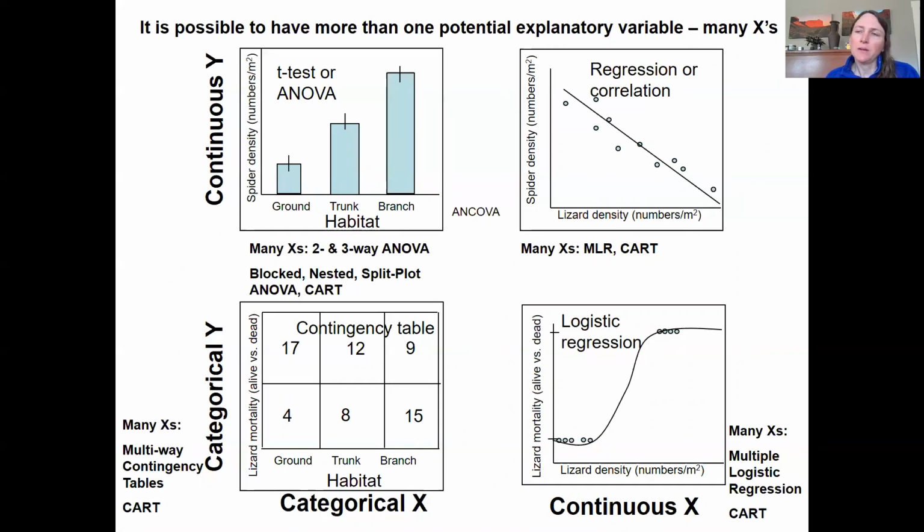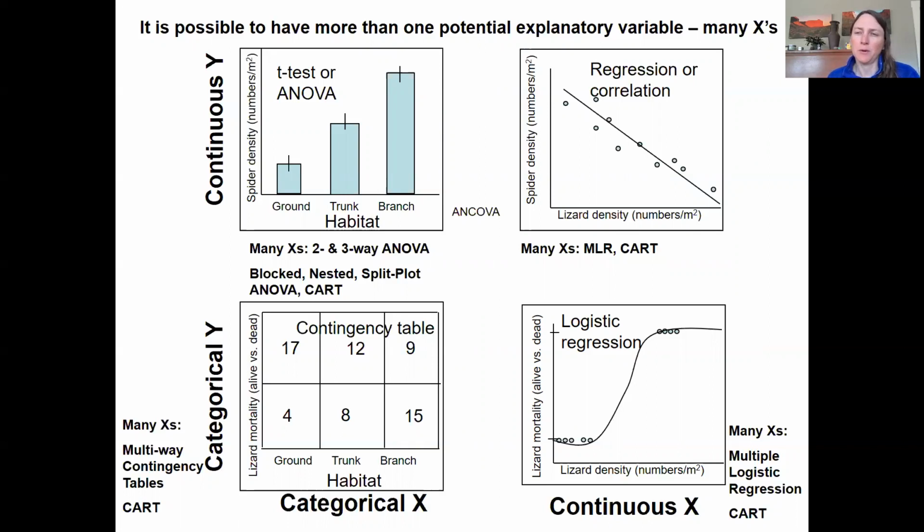And then we can use what are called CART models. Classification and regression tree models are really cool. They can deal with both categorical and continuous X's and one Y variable. And the Y variable can be either categorical or continuous.